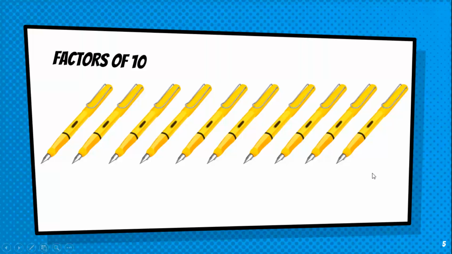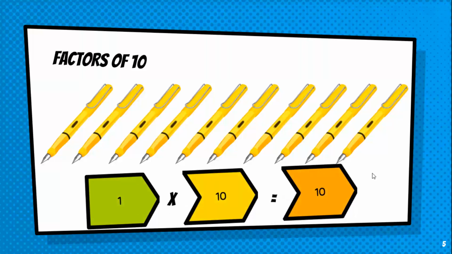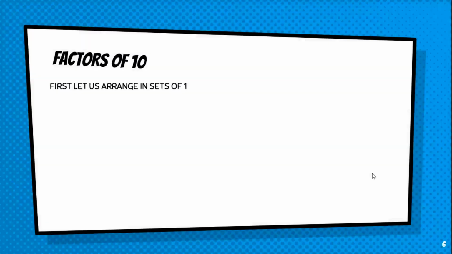I have 10 pens here, so I can easily say 1 row into 10 pens, which is 1 multiplied by 10 gives me 10. Yes, so this makes 1 and 10 a factor of 10. So I write 1 into 10 equals to 10.